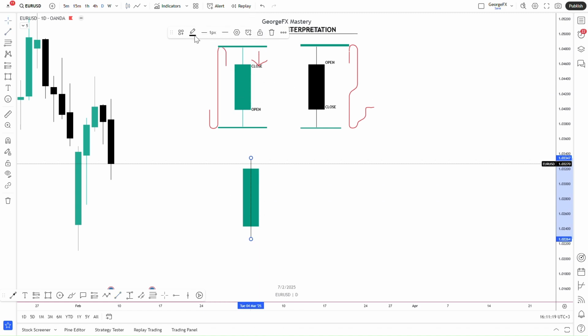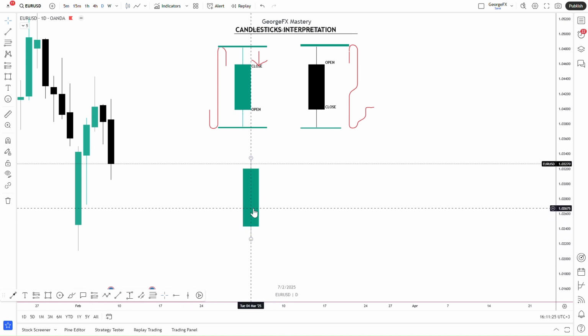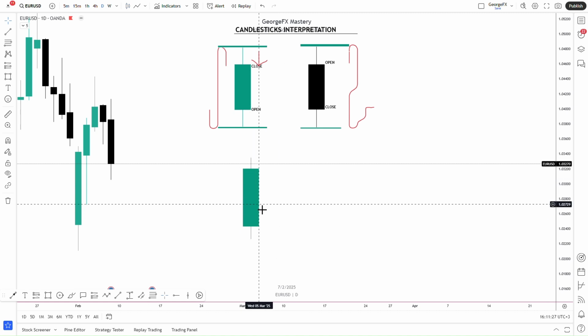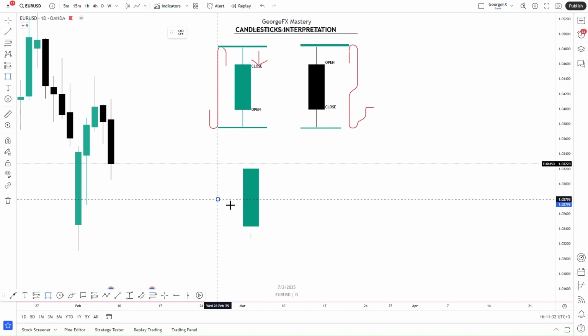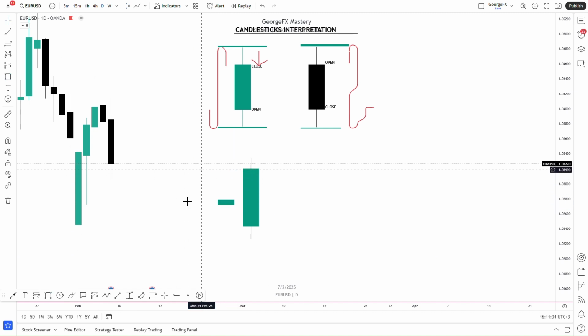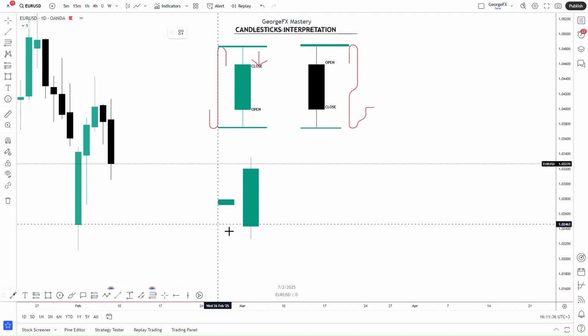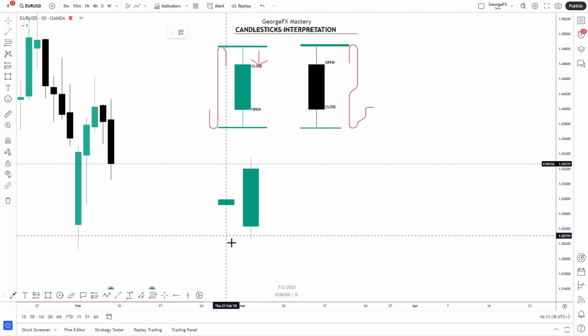Let me just change this chart to green. That is just a basic candlestick that shows the price is strongly bullish. And we also are going to have another candlestick that will look like that, and for this bullish case, we expect it to look like that.